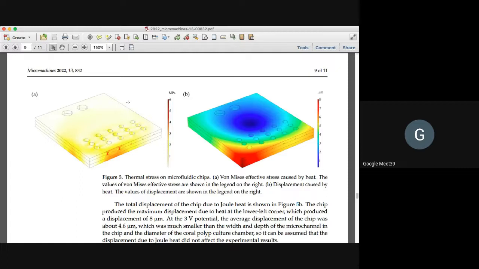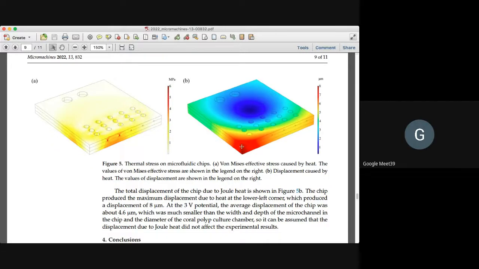But it's very interesting. Well, yeah, it's the silica, the material of the chip, that displaces a little bit when you increase the temperature. But this displacement is not significant, so it will not affect the experiment. Very well, very well. Thank you. That was interesting to answer.